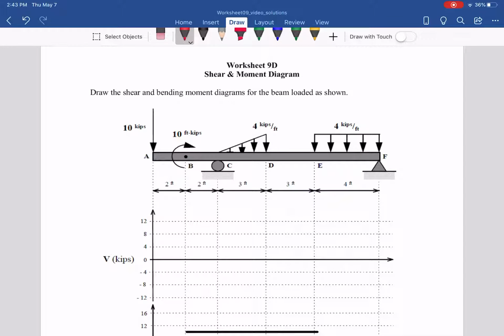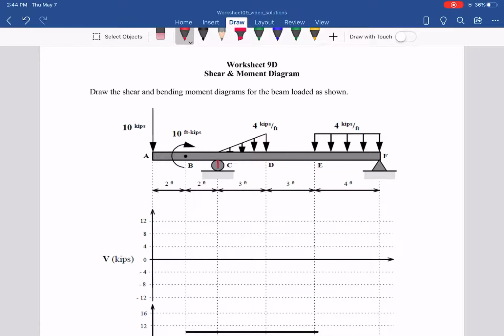So in this case, with that external load, if you take moment about F, you can find the vertical reaction at the roller C equal to 21 kips.